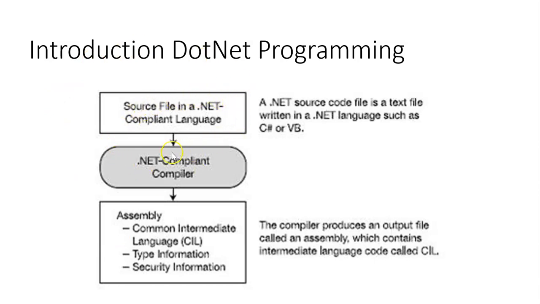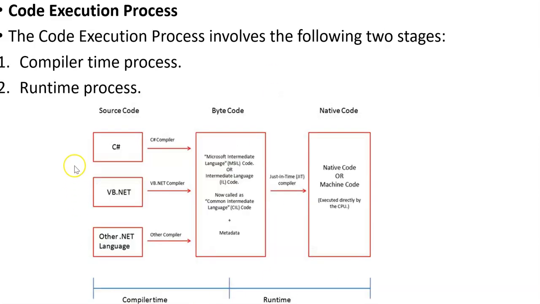We have the source code here, then the .NET compiler, and what we call the assembly. The assembly is sometimes called the DLL format, dynamic link library, meaning the format becomes understandable by machine language so it can be accessed or run. This chart shows the execution.